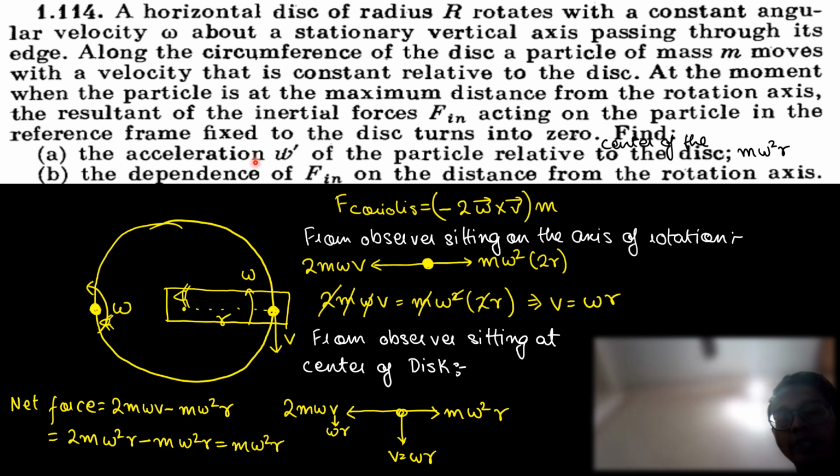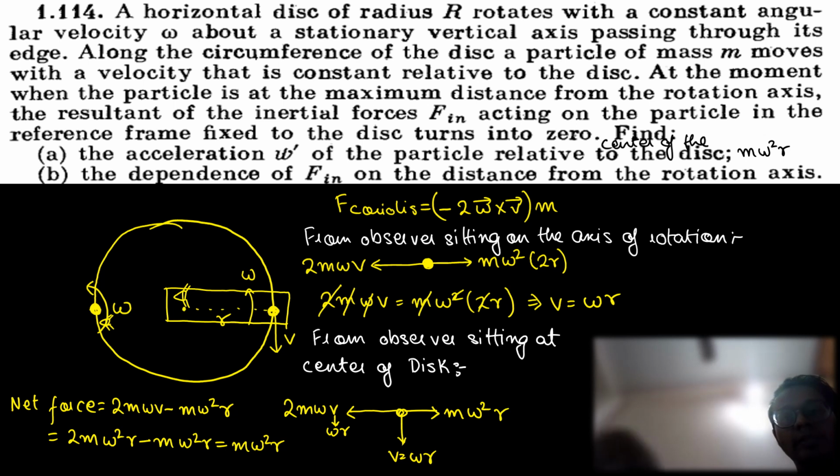So the question is asking, find the net force on the particle if it was not situated out here, but instead out here, or out here, from the observer sitting on the axis.